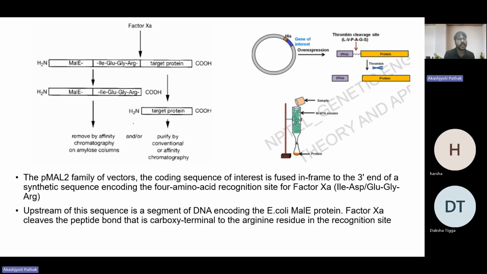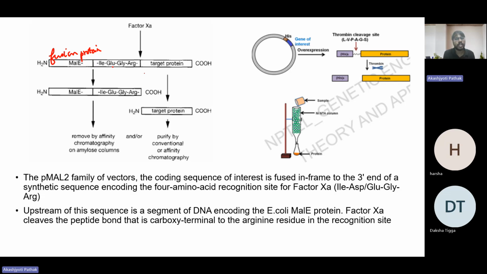So that is what I was explaining. You see here, this is your fusion protein, MBP, and this is how you have synthesized this construct. After this fusion protein, you have added a sequence that codes for isoleucine, glutamic acid, glycine, arginine, which will be recognized by factor X, and then you have the target protein. Once you add factor XA, it will cleave after this arginine.